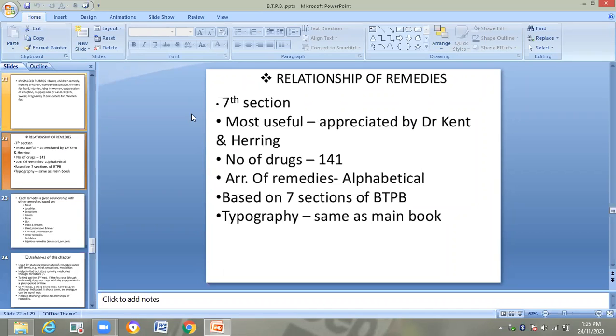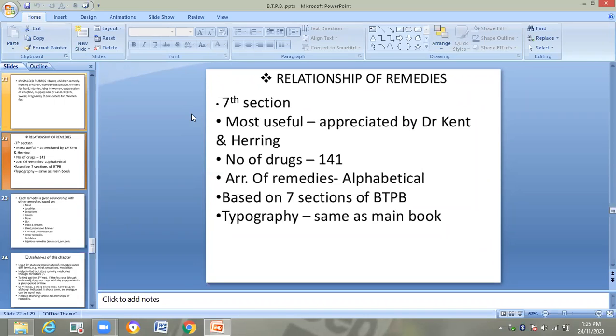Dr. Kent was against the principles of Dr. Boenninghausen, but he still appreciated Dr. Boenninghausen's work, that is relationship of remedy.